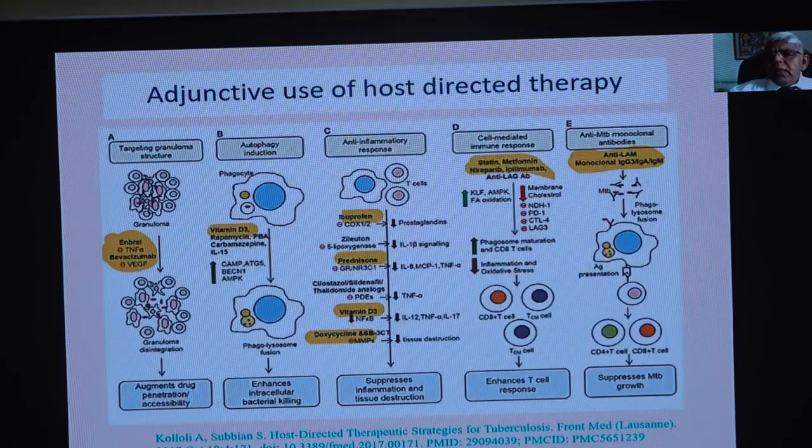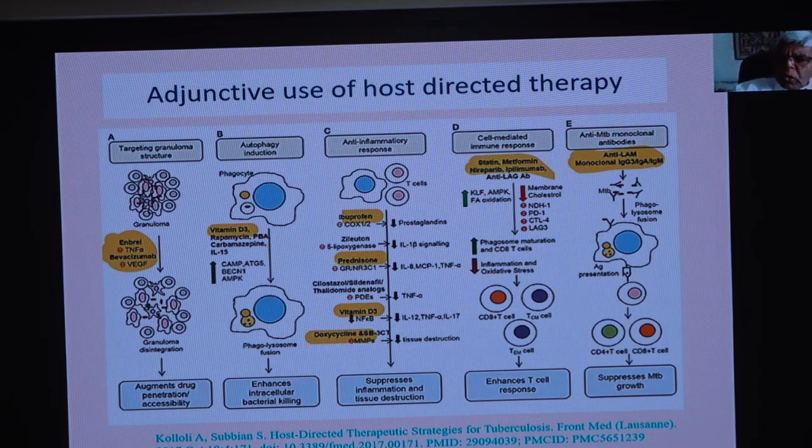Now, how can we deal with it? How can we strengthen the host? Like the one I told you about the vessels, this is how we can target the granuloma structure, by using anti-VEGF. What we have realized is that VEGF is expressed in very high quantity in the center of the TB granuloma, and that is responsible for those leaky capillaries.